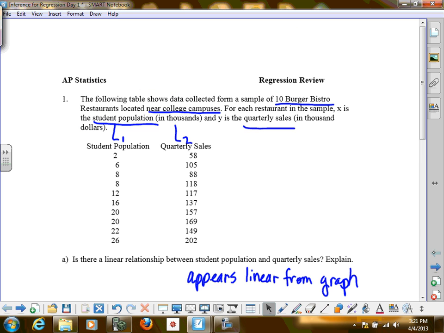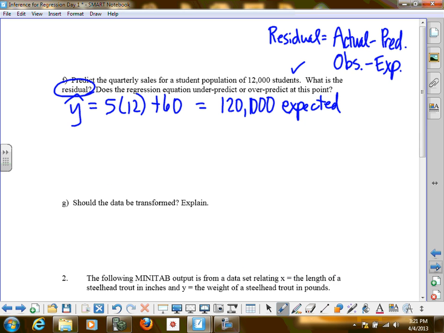So observed is 117,000. Our piece of data was close to 120,000, but it was 117. So our observed equals 117,000. If I do observed minus expected, you need to go in that order.